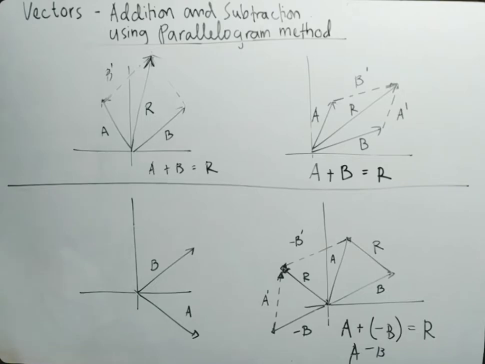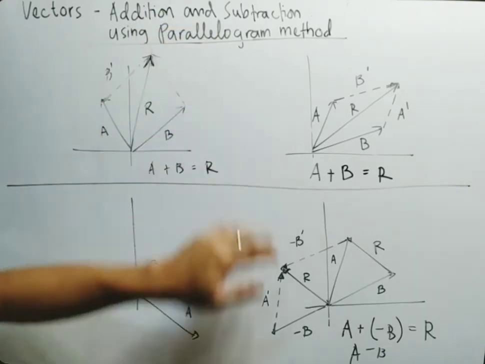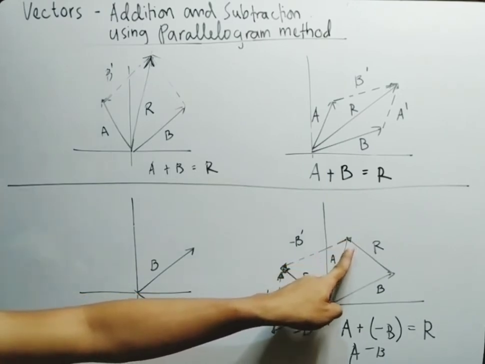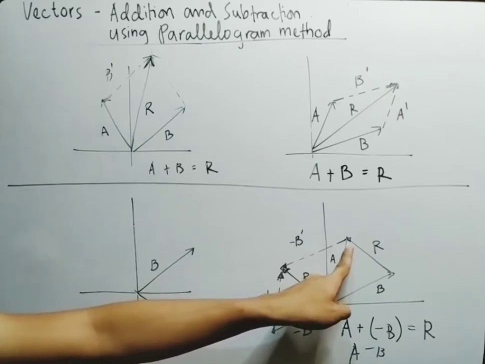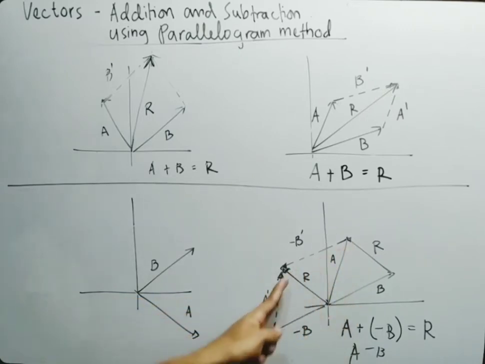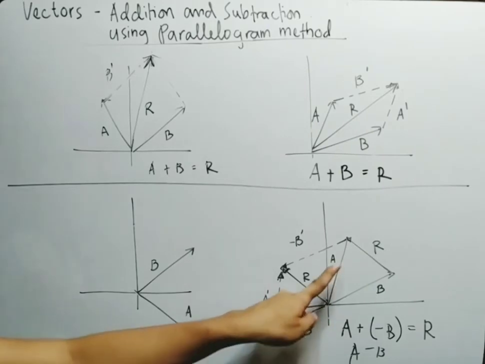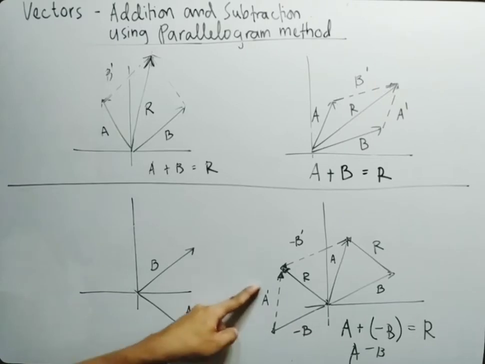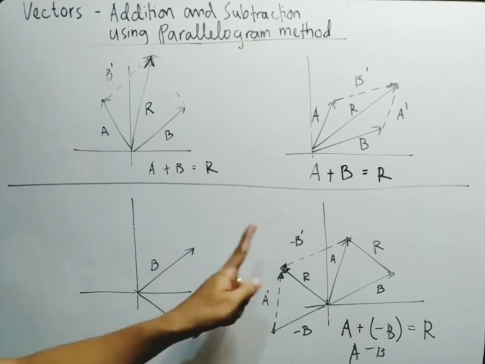Okay, so again, going back to adding vectors, let us draw parallel lines for negative B and for A. So from the arrowhead of A, we will make a straight line that will represent B prime, and B prime is the parallel line for vector B, going in the same direction as minus B, same length as negative B. And then for A, since this is the direction of A, we're going to draw a parallel line of A wherein the tail of A prime is located on the arrowhead of B, going the same direction as positive A and has the same length.